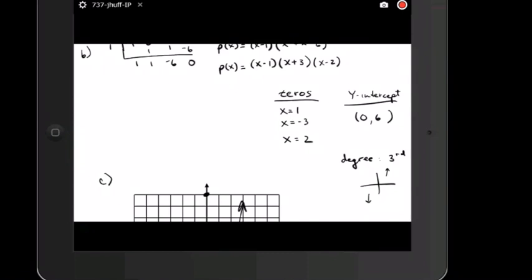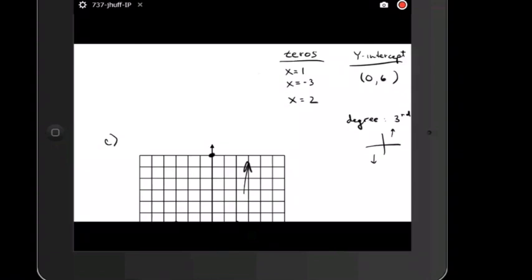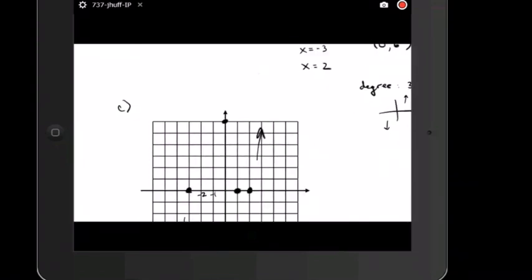I'm going to plug it into the factored form. So -2 minus 1 is -3. -2 plus 3 is 1. And then -2 minus 2 is -4. So -3 times 1 times -4 is 12. So it goes way up to 12 when x is -2. And since it's so far off the graph, you just kind of plot a point way up there. Call it -2, 12.